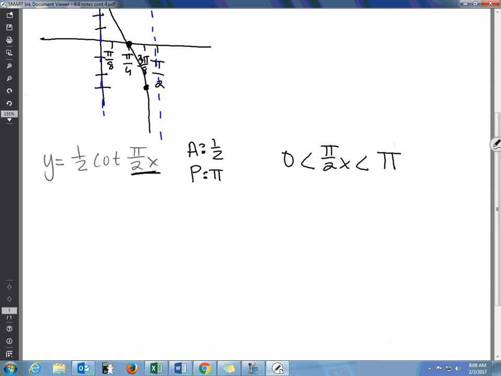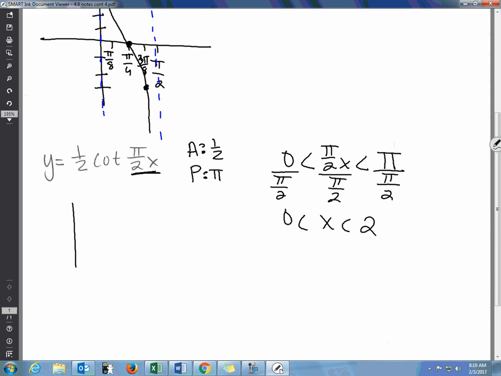Now I got to solve for this, so I got to divide both sides by pi over 2. Now 0 divided by pi over 2 is still 0. That's easy. And this is x, which is less than. Now pi divided by pi over 2 is 2.